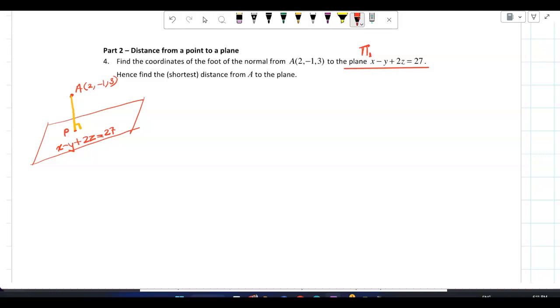So from this Cartesian form, first we convert it to the normal form. If I give you the Cartesian equation of the plane, can you tell me the normal vector? Think backwards.